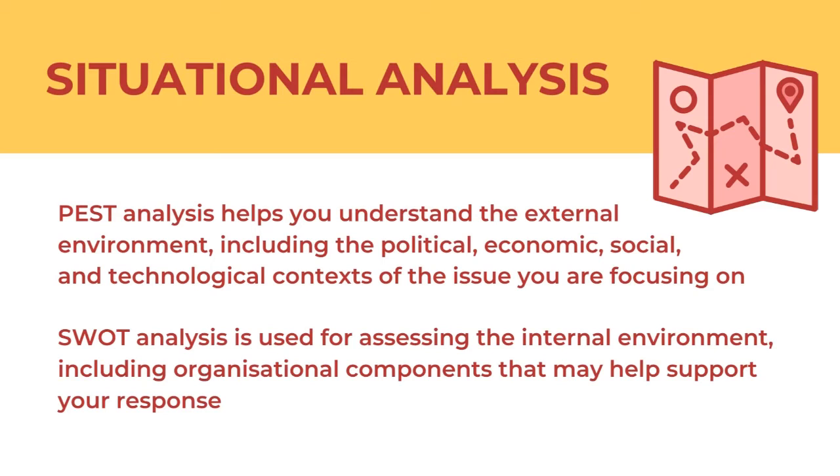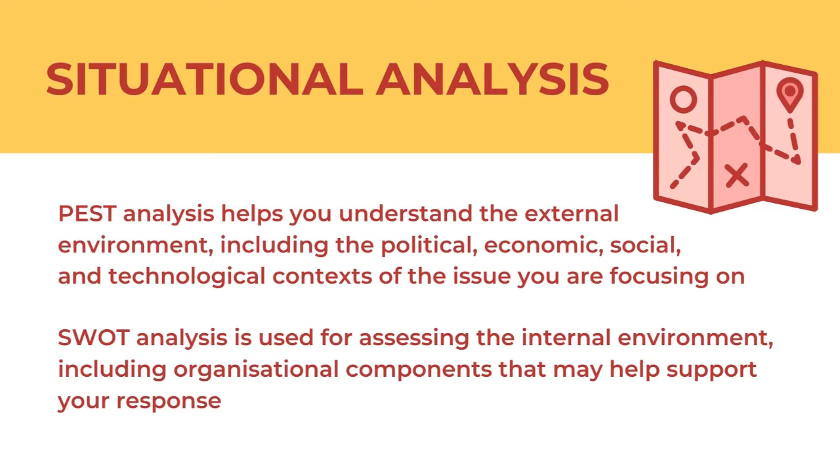A PEST analysis, in which you outline the political, economic, social, and technological factors in relation to the issue that you are focusing on, helps you to examine the external environment. By looking at this element within your campaign planning, you are able to understand how and whether it is possible to reduce the impact of any negative elements on your campaign.